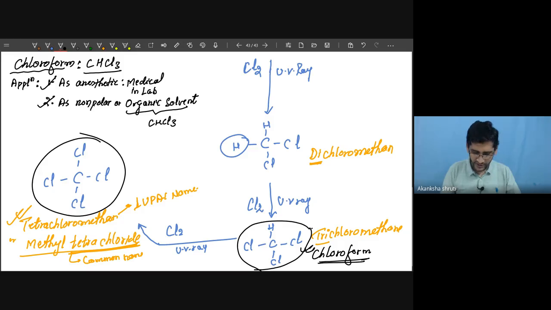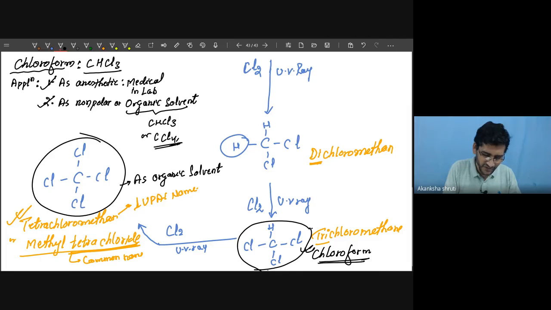Both are used as organic solvents, or sometimes as organic preservatives if we need, but not as preservatives for polar substances.